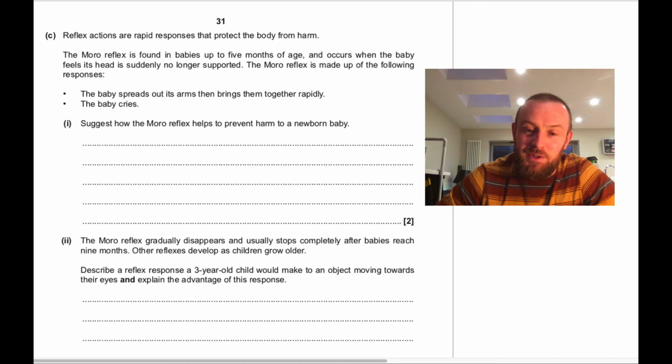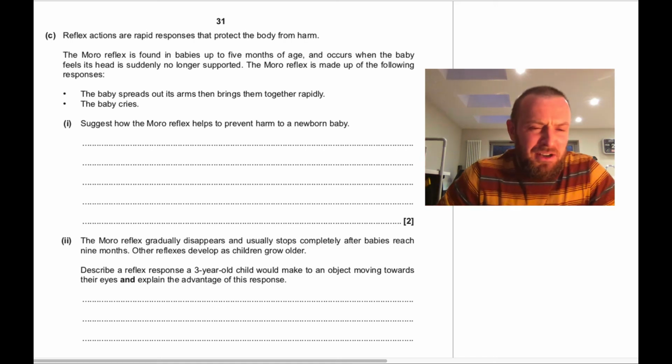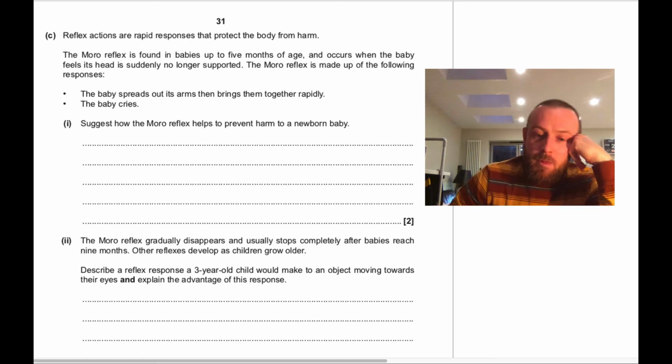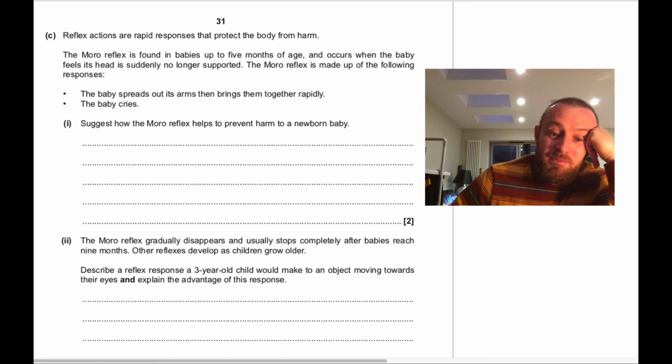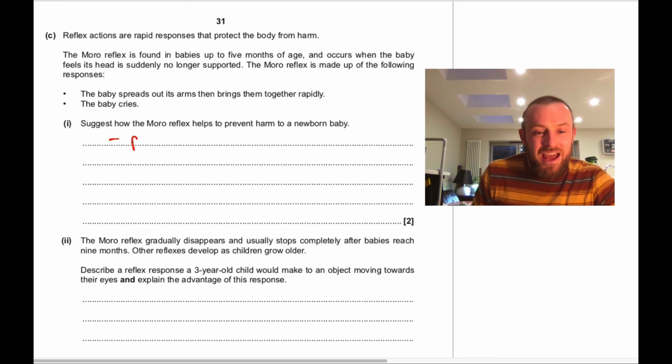I don't try this with my baby, but occasionally if the baby feels a bit startled, she goes like this. And that is the Moro reflex, okay? It's kind of funny looking. So the Moro reflex helps kind of brace babies for impact, I suppose. It protects the head.